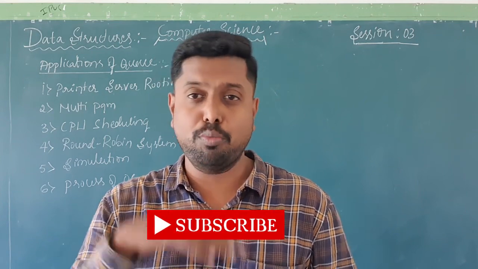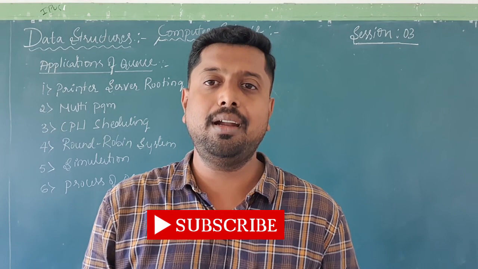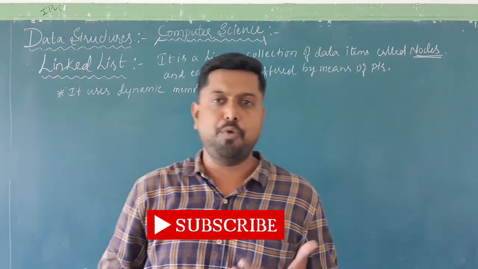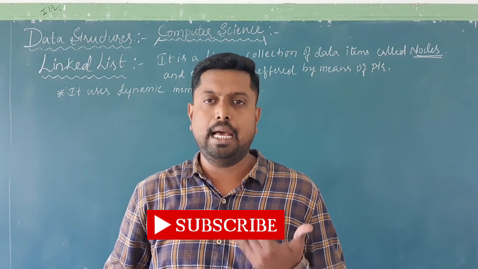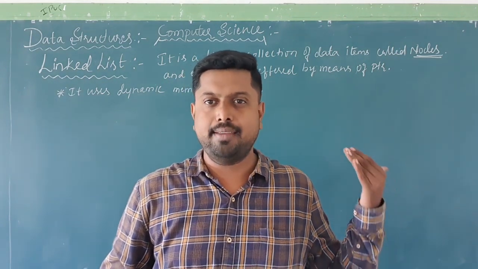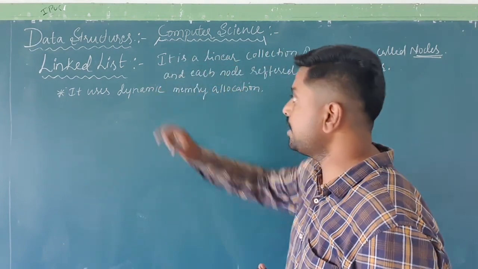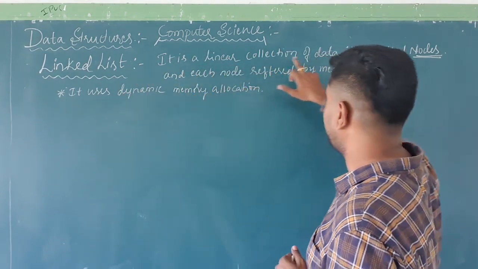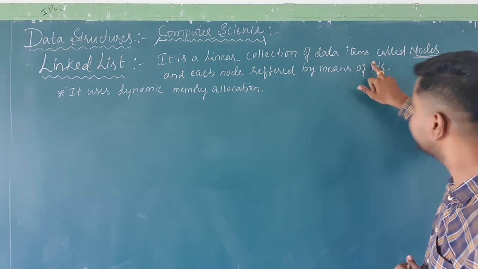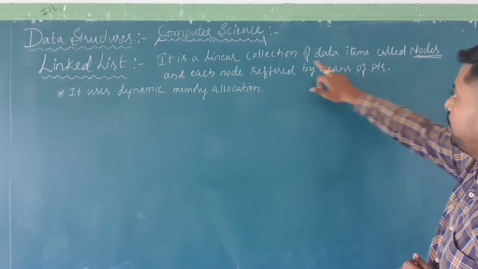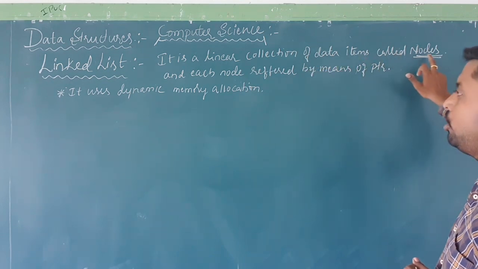Now we are going for one more very important data structure, linked list. After the data structure queue, now we are going to one more final linear data structure, that is what we call linked list. As the definition says, a linked list is a linear collection of data items called nodes. Remember the keywords: collection of data items called nodes.